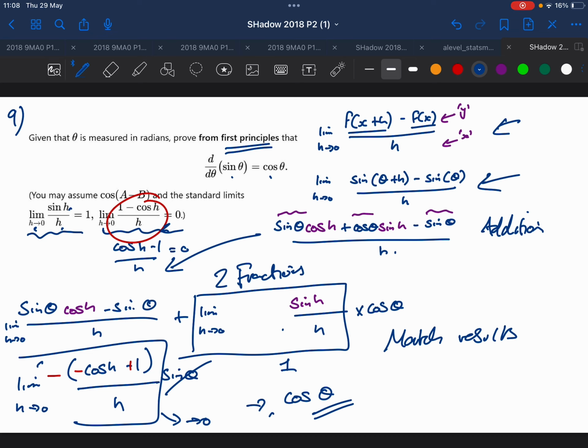And then you need to eventually show that it only goes to cos theta. If you felt a little bit apprehensive about this, you could put some intermediate lines in. So you could say 0 times sine theta plus 1 cos theta, to get to that as well. But I hope that shows you how you would go about doing it. So first principles with sine and cos is very much going through these steps.